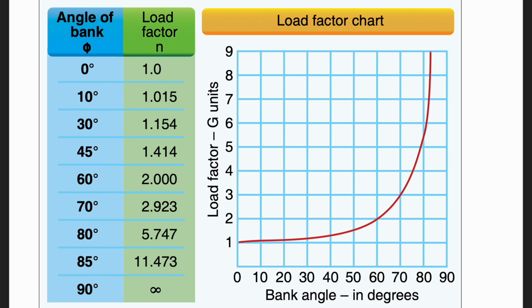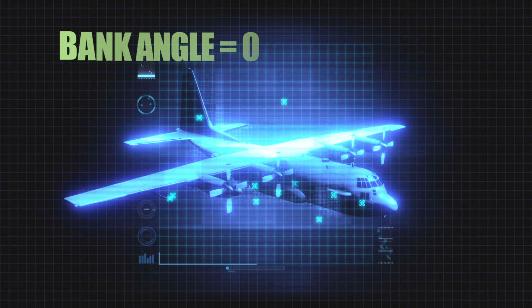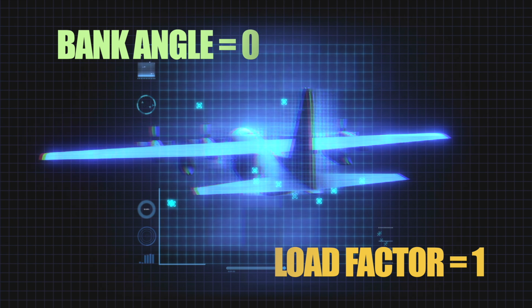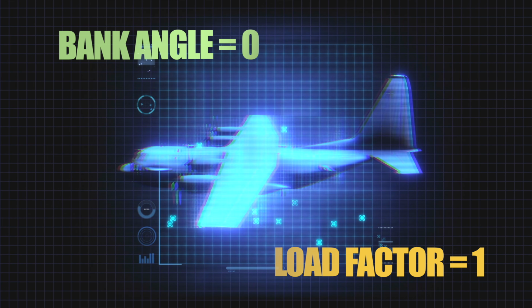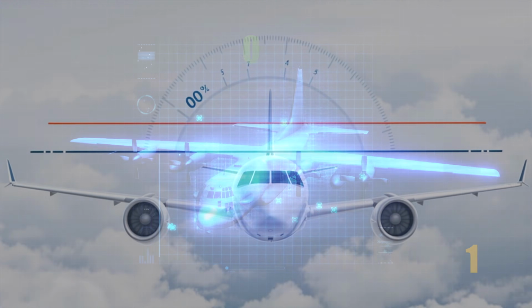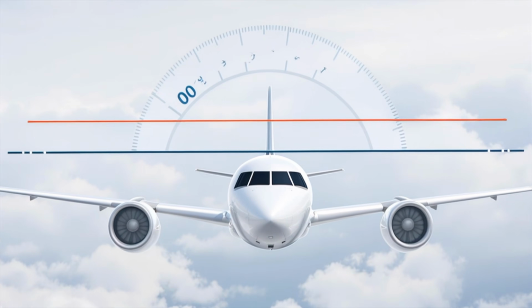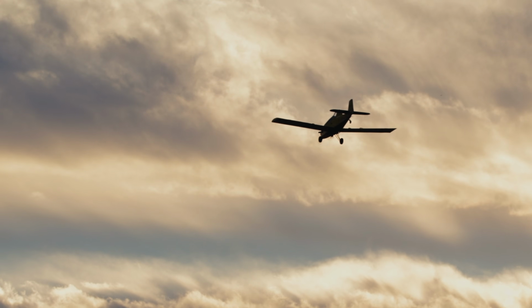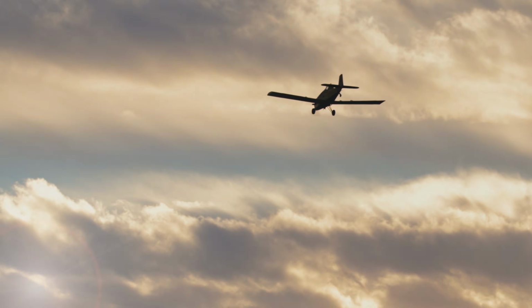So now that you fully understand that concept, I'm going to explain how you can make load factor calculations correctly. First, when an aircraft is flying straight and level, meaning that in any direction there is no degree of angle, it is at 0 degrees in every direction. What I mean is that the wings of the aircraft are completely level and the plane is flying on a perfect horizontal line.